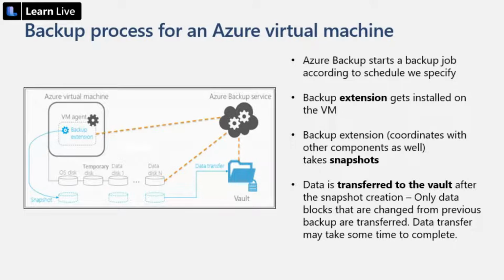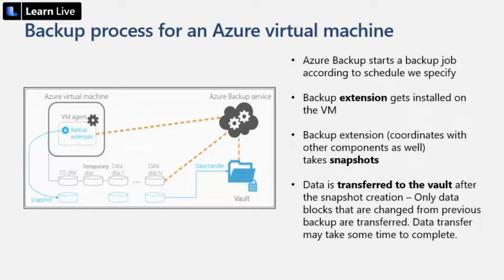So we call it an incremental backup. This helps you save a lot of cost, since we are not transferring all the data every time we create a recovery point. Only the incremental data is transferred, which makes sure there is a lot of efficiency involved. So this explains the whole backup process: how the backup job is triggered, how the snapshots are taken, and how the data transfer happens to the vault. So this gives a picture of that.